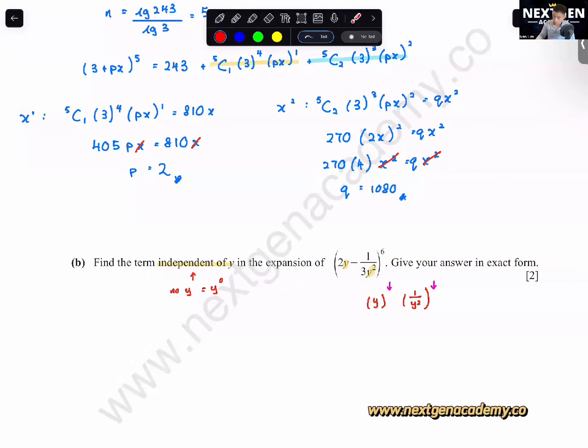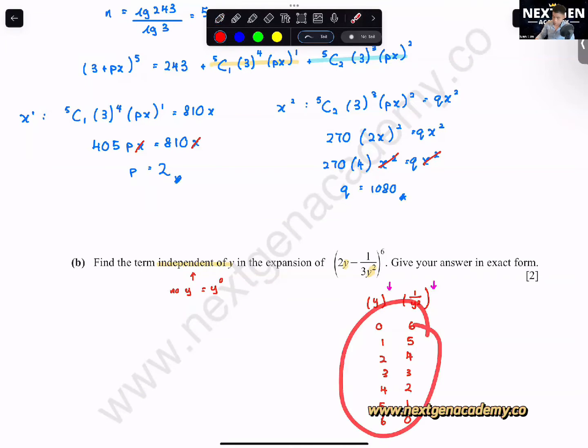My total for the power will be equal to 6. So I can put 0, 6; 1, 5; 2, 4; 3, 3; 4, 2; 5, 1; or 6, 0. Either one of these possible combinations. But my goal is that when I expand the power here and the power here, both will cancel out with each other.